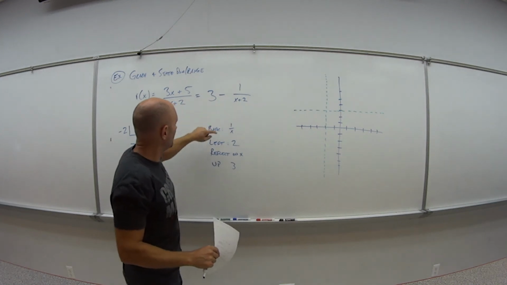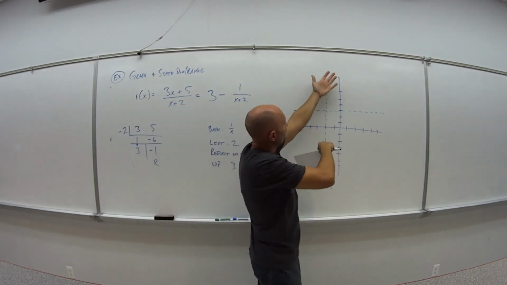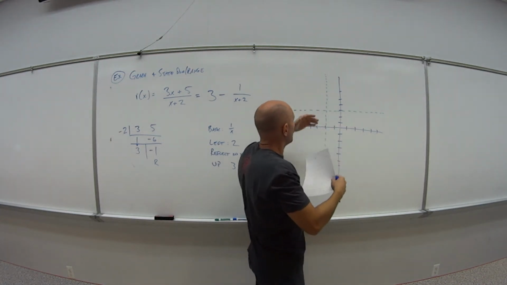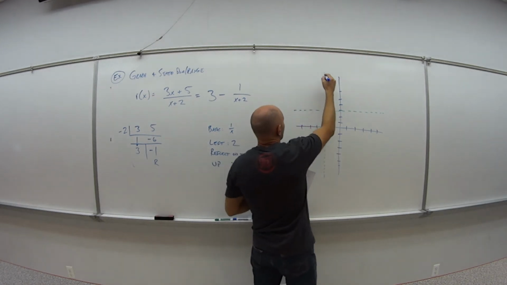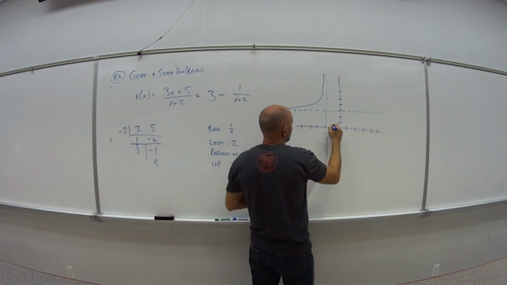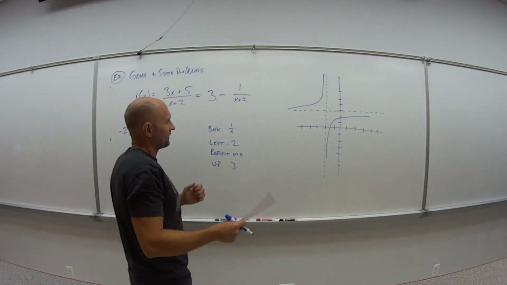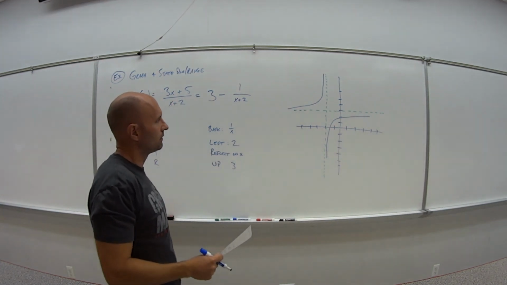But because of this negative sign, this whole graph is reflecting. The top piece is coming down and the bottom piece is coming up. So instead of top right, lower left, I now have upper left and bottom right. So that's the graph I get for this rational function.